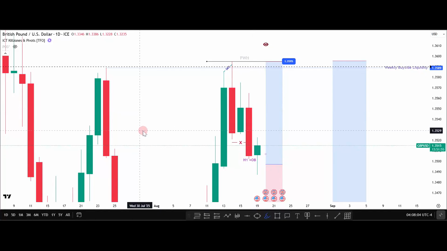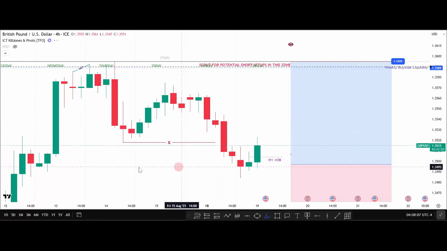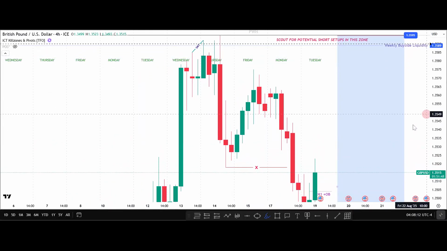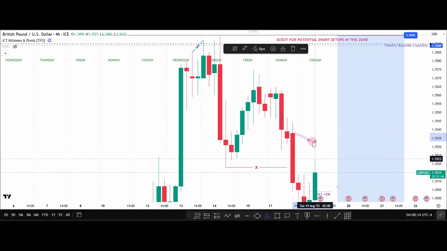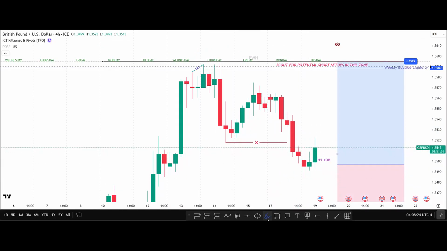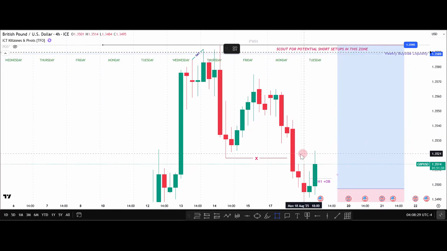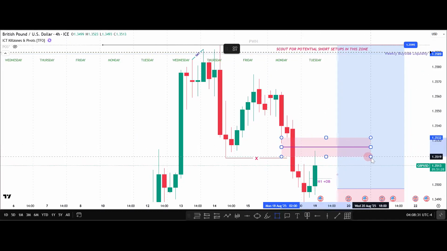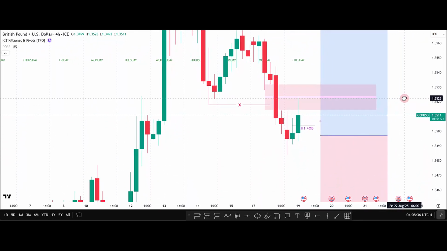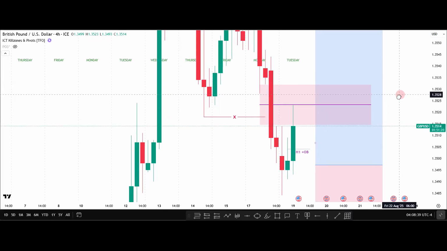So let's go down to the 4H. I'm also looking at how price is reacting. You can see that's a 4-hour CB.